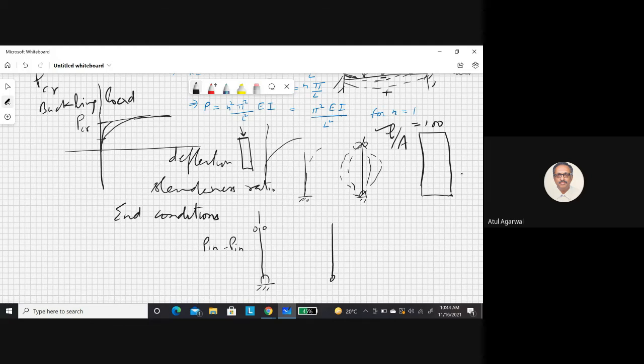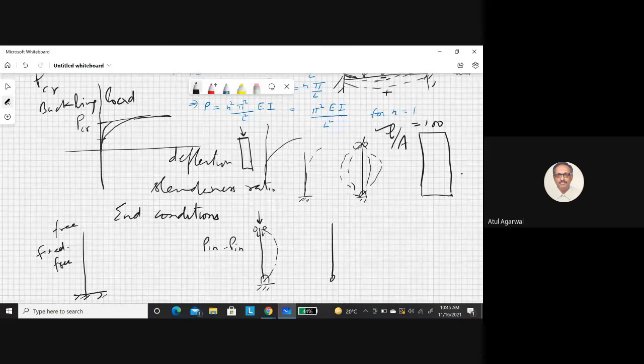The load is applied, so it tends to slide, but deflection is zero at these ends. So this is a kind of pin support, and there is a fixed free. What is fixed free? This end is fixed, and this end is free. So this is known as fixed free boundary conditions, and you are applying a load. So how will the deflection look like? This will be the kind of deflection.